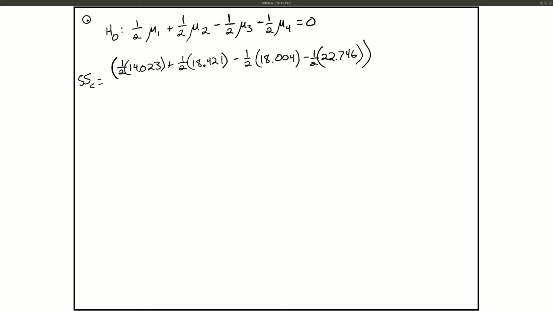We add all these up, and then we square that. So this really is the negative 4.1 that gets squared.